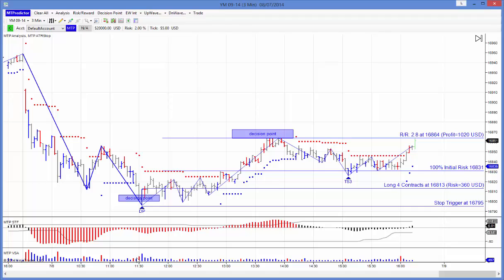We call this volume spike analysis because it's a spike in the volume, because they're basically showing what the professionals are doing. In other words, they are trapping amateur traders, and we are then going in the direction of the professional money. In this case, they are looking to go long and then move the market higher, and that's exactly what happened.